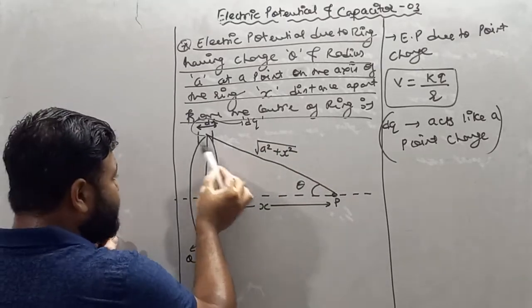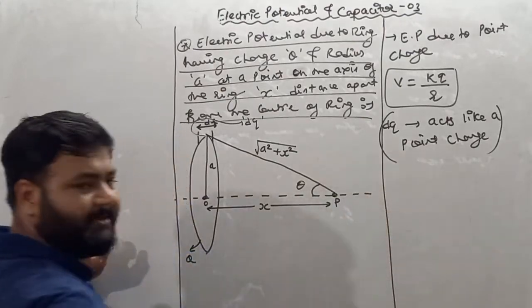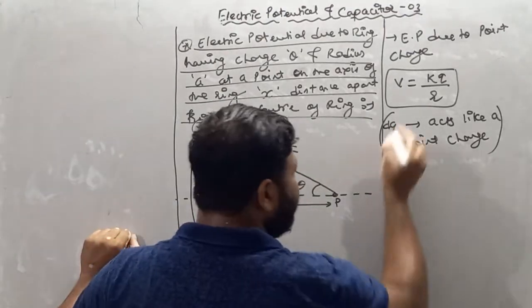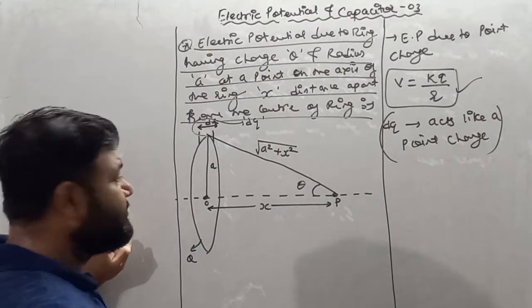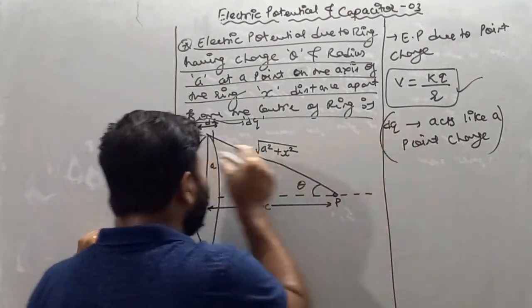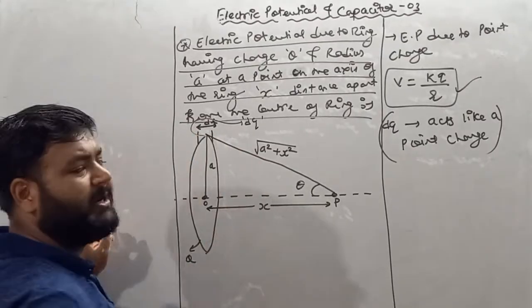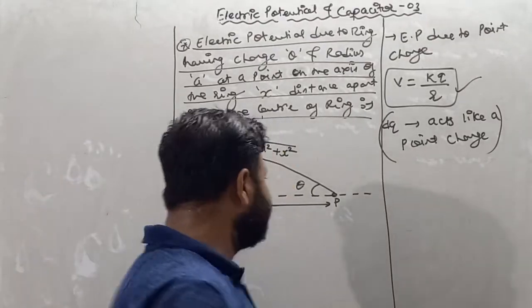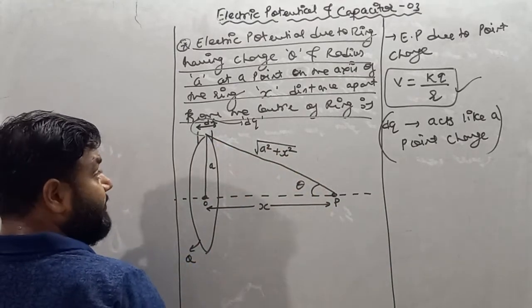So this small length carries small charge dq. Now this dq will act like a point charge, and we know that electric potential due to a point charge is nothing but kq by r. So we take a small length on the ring, and this small length carries small charge dq, and this distance is under root a square plus x square.